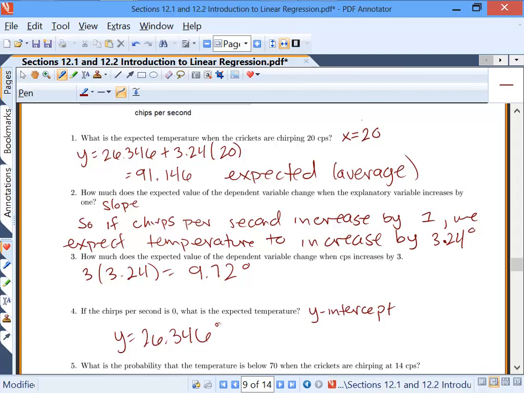And that probably is a practical interpretation for a y-intercept. On the previous page, I said sometimes your y-intercepts don't really have practical or logical interpretations; we just put it in so we can find our line. But I could see that if there are 0 trips per second, then the temperature could be 26 degrees.